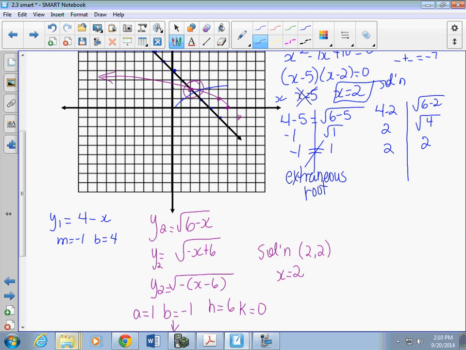This is a good example of where the graphical solution was better, because you could tell right away, I can't have negative values in there. I can't use that 5 value because that's not part of my solution.